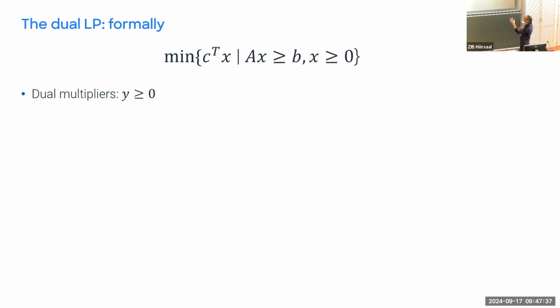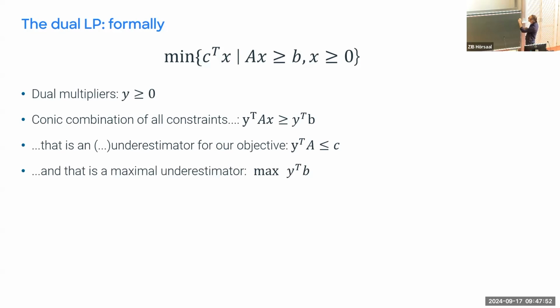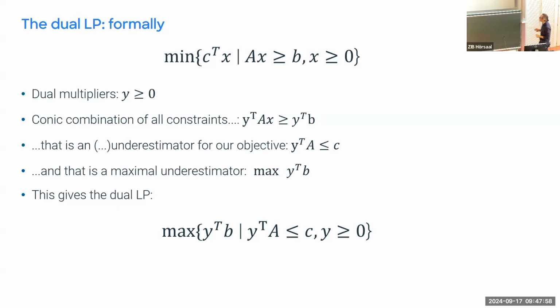Formally, here we take this y, we aggregate the inequality system, and we compare it to the objective function because we want an underestimator, and that should be maximized. All in all this gives the dual LP: maximize y transpose b such that y transpose A is less than or equal to c, y non-negative.